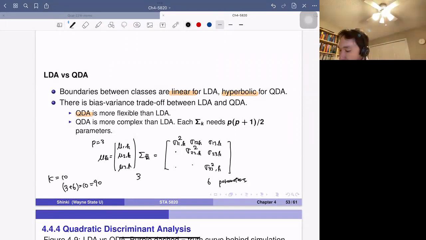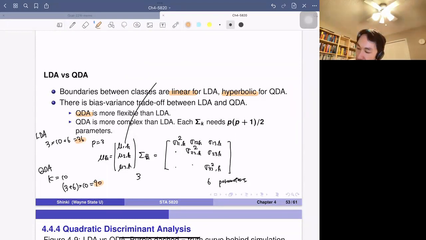And if this is LDA, how many? For QDA we have this number of parameters, but for LDA, we have 3 times 10, then sigma is just one matrix, so plus 6, so 36. But 3 predictors is really a small case.